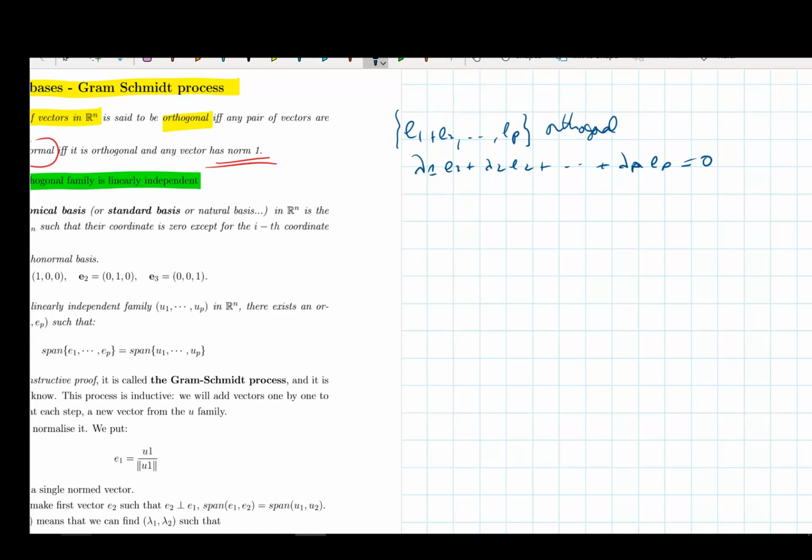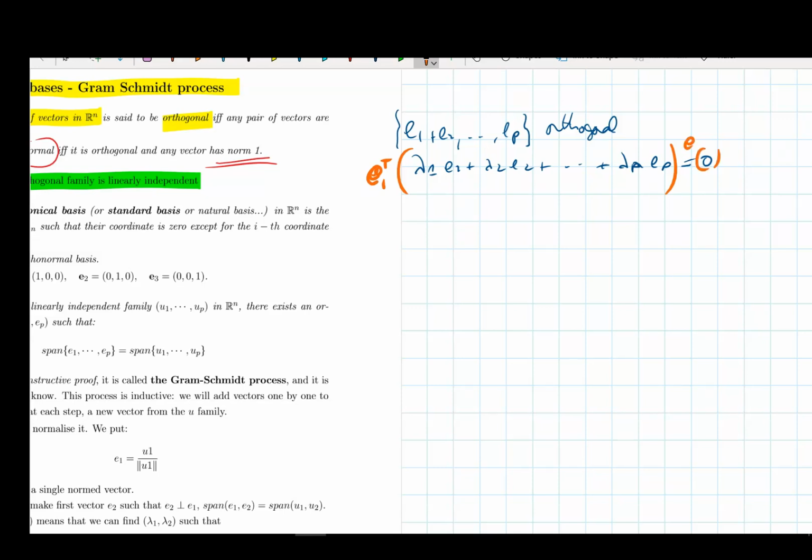It's a technique we're going to use several times. What I'm going to do is multiply this whole expression by, well, let's begin with E1 transpose, the row vector that I obtain from E1 by transposing it. That's something I can do.